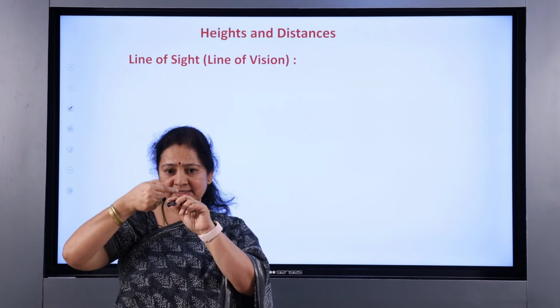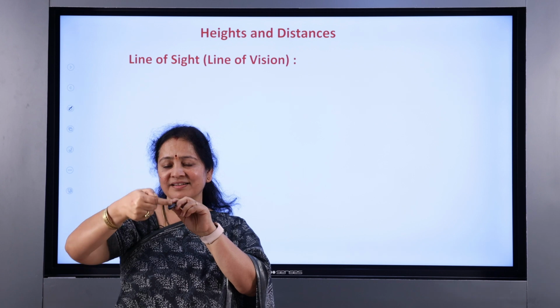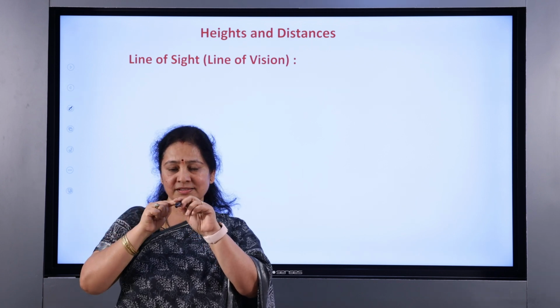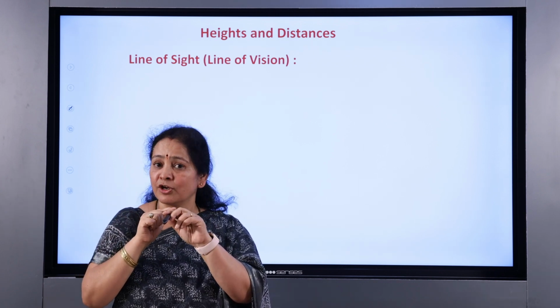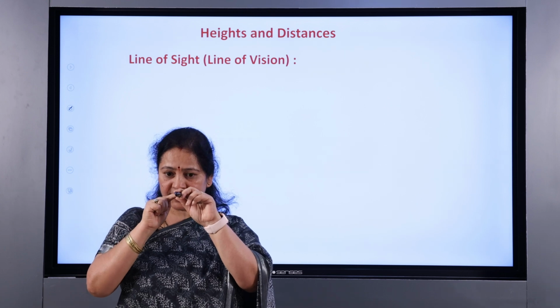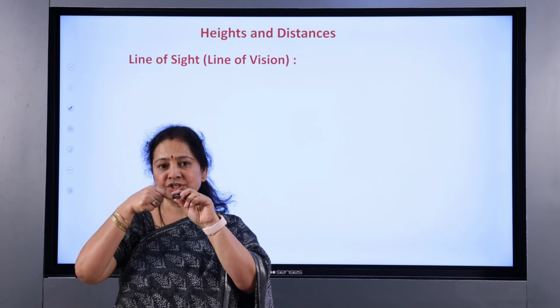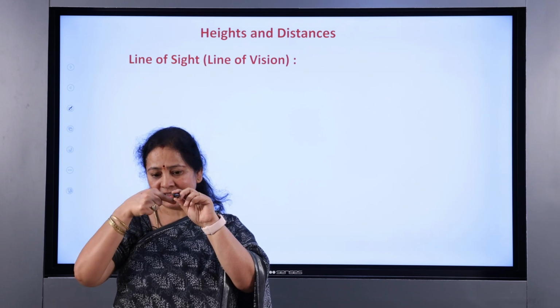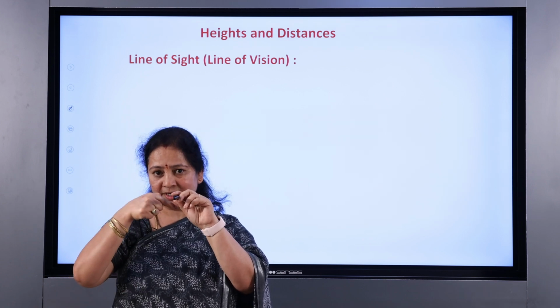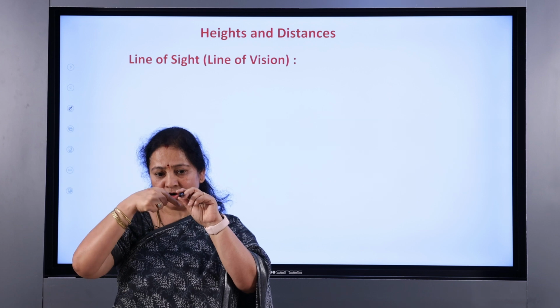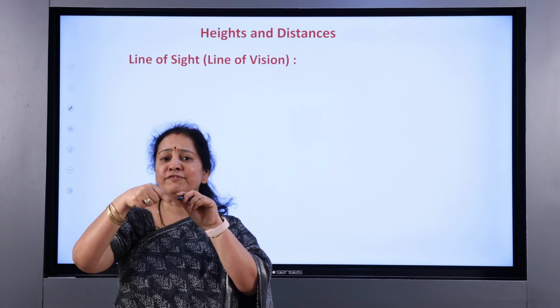So the object is above, this angle subtended at this eye is called the angle of elevation. Suppose the object is below, somewhere here. So visualize an imaginary line. The angle subtended by this imaginary line with the horizontal is called the angle of depression.